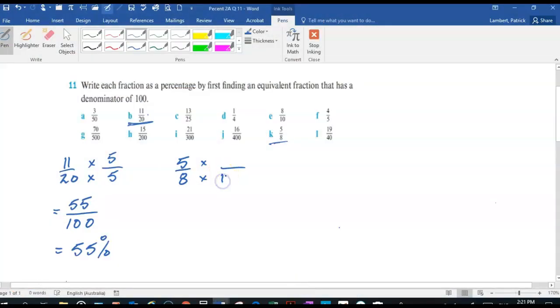So by 12.5, and the top's got to be done by 12.5. And that obviously comes to 100 on the bottom. And 12 fives are 60, 12 times 5 is 60, and 5 times 0.5 is 2.5, so that becomes 62.5.